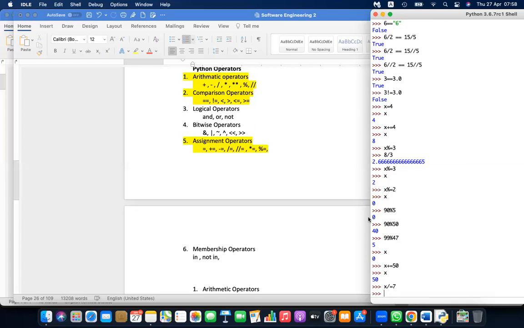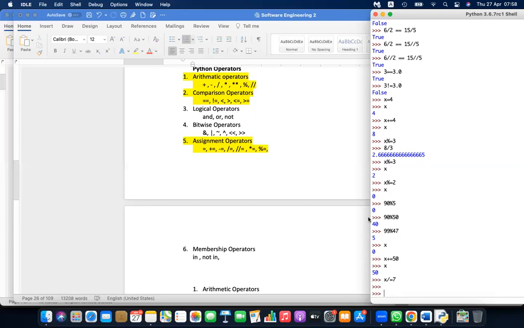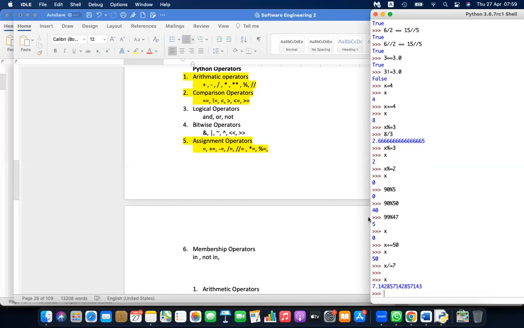Yeah. 50 divided by 7, right? Division, this is not remainder. Oh, then 7.1. Okay, you will be asked that other part also, because this is division. This is not integer division. 7.14. Right, remember these things.